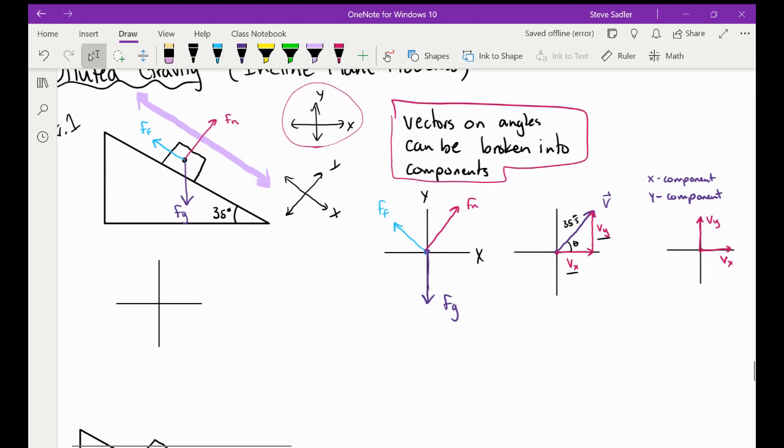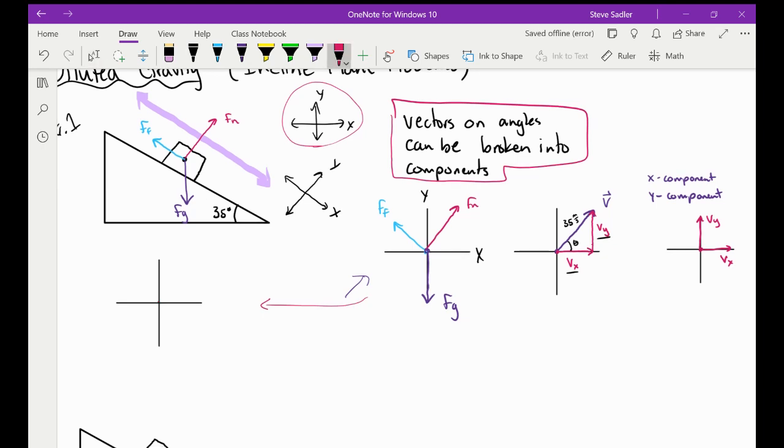What this does is it's going to take this diagram, or these forces, and make them look like, let's go over here. So now, if you look at our ramp, the normal force is going to be straight up.